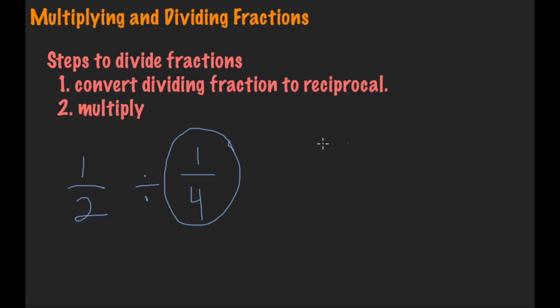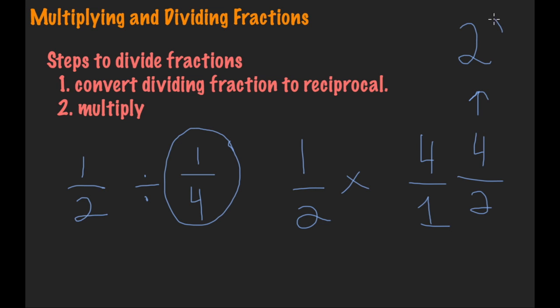So the reciprocal of 1/4 is 4/1. And then we simply multiply. 1 times 4 is 4, 2 times 1 is 2. The answer is 4/2. And we can simplify this to simply the number 2.